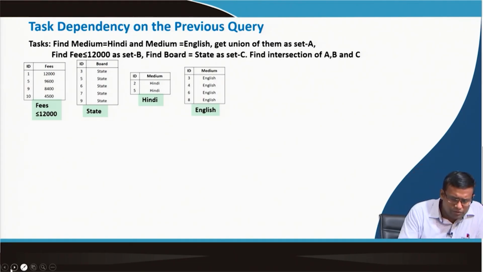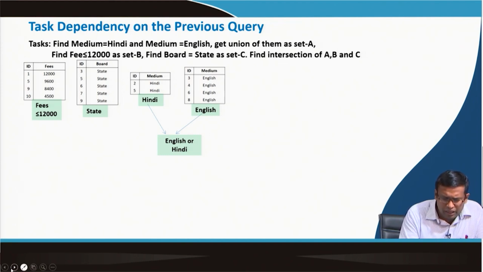First we found 4 schools where the fee is less than 12,000, 5 schools which belong to the state board, 2 schools where Hindi is the medium of instruction, and 4 schools where English is the medium of instruction. So first we had 10 schools, among which we found these many.